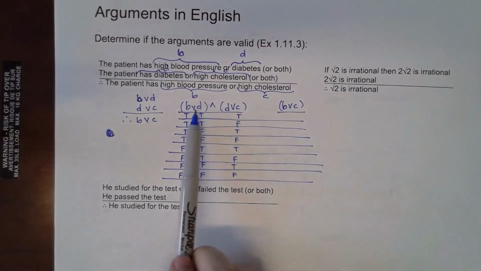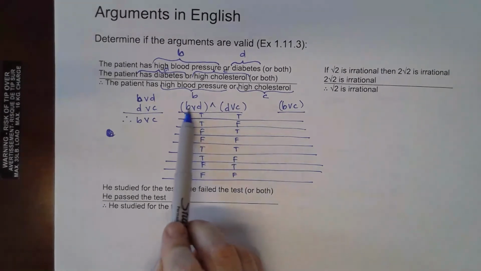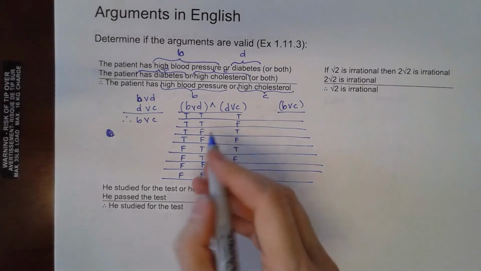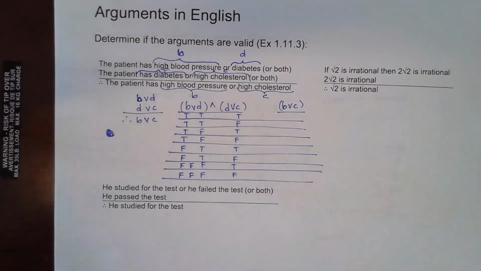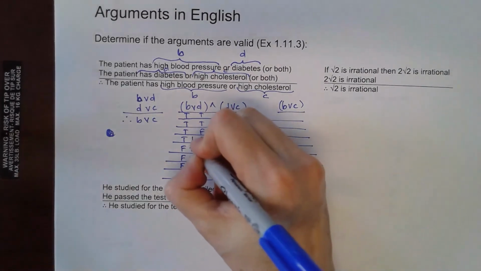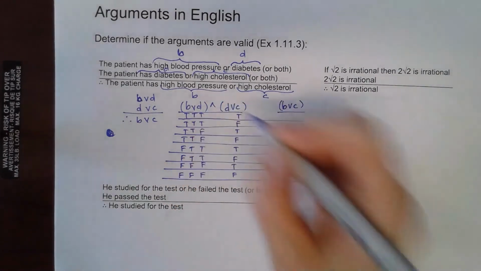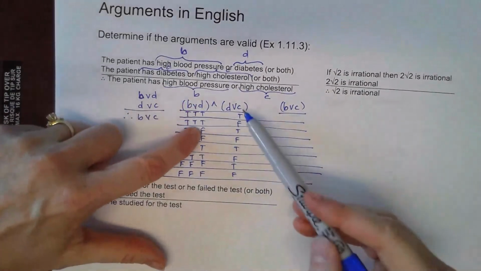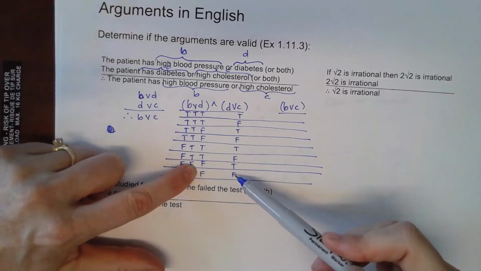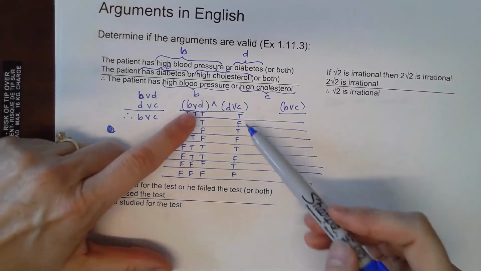Okay, so B or D. As long as we have 1 true that's going to be true, we just really need to look for 2 falses. So that only happens down here. So these 2 at the bottom are false. Everything else has at least 1 true. All of those are true. D or C. So here's the D. Here's C. Again, that's only going to be false if I have 2 falses.